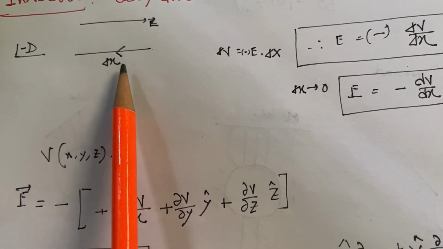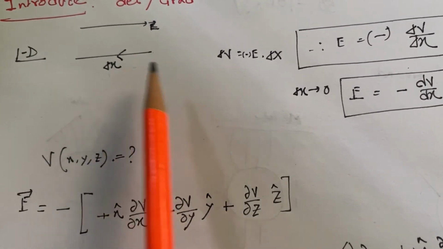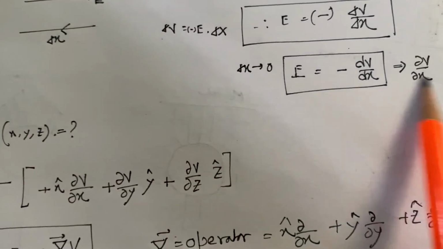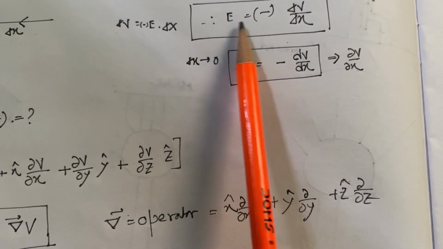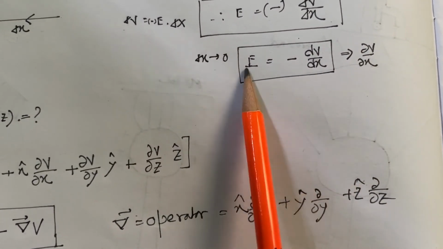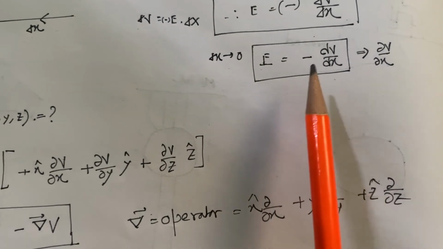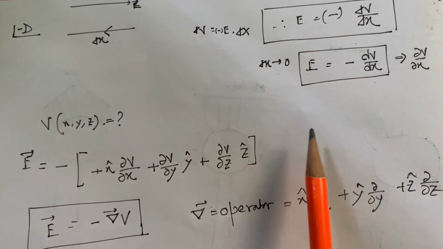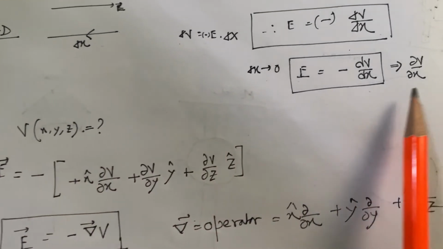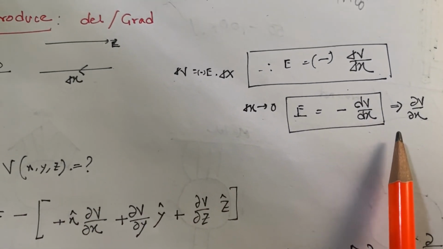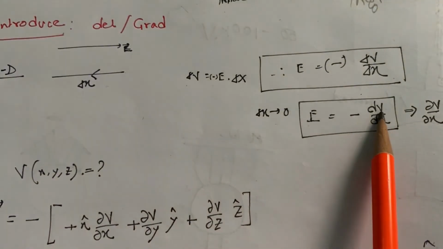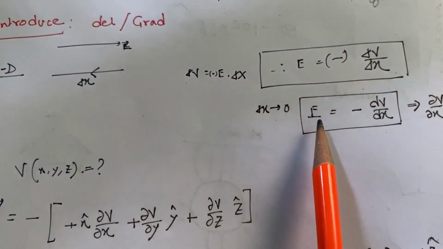If we move a distance of delta x, the potential difference can be easily written as minus E dot delta x, and therefore we can write E equal to minus del V by del x, and in the limiting case we can write this as E equal to minus dV by dx. Now here, by measuring the potential difference I can calculate the electric field E, but here I need to introduce a new operator, the gradient operator, which will operate on this potential and will allow me to give an estimation of this electric field.